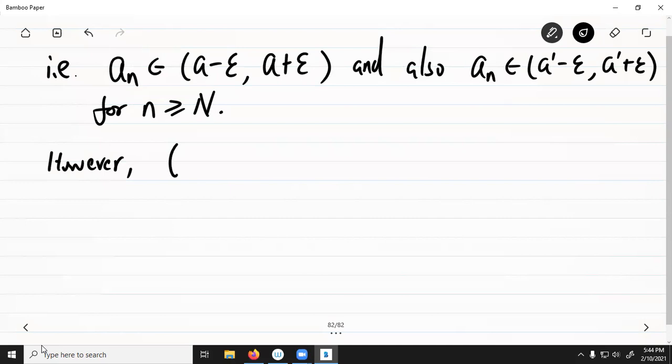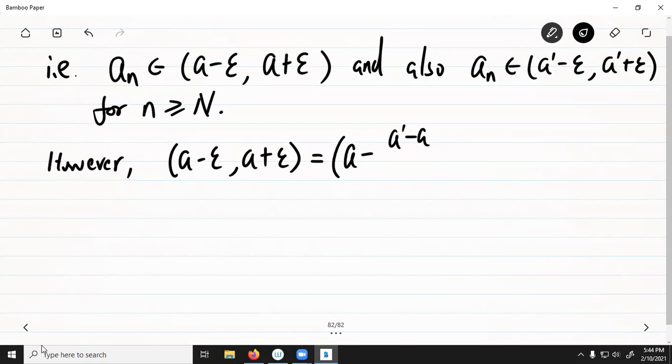So we just say, okay, what is a minus epsilon and a plus epsilon? If you plug in, this is a minus (a prime minus a) over 4, we choose 4, right? Yes. And a plus (a prime minus a) over 4.